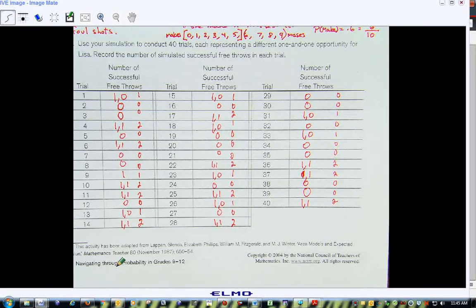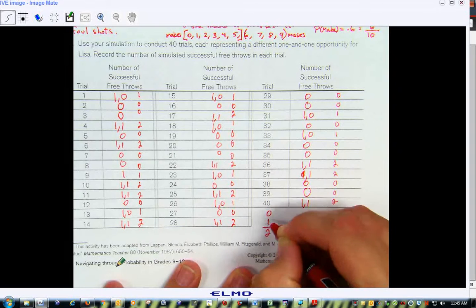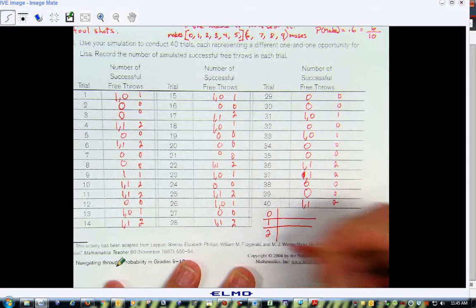Anybody still going? Okay. For those of you, I'll give you a little bit of a hint. You might want to make a tally sheet right next to it: how many zeros you got, how many ones you got, and how many twos you got. Because we're probably going to need those.